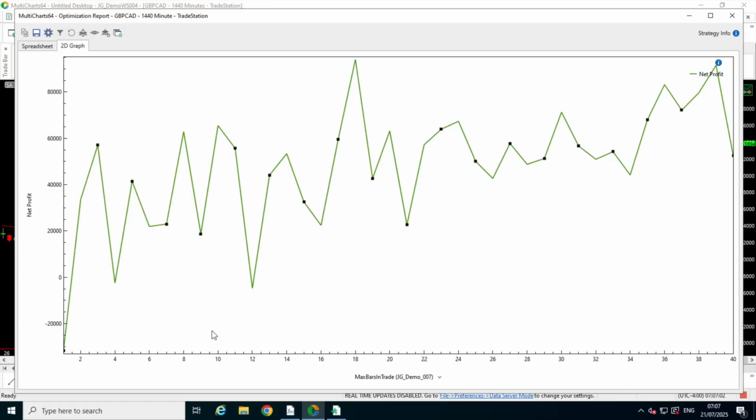For example, look here, look at 10 bars in the trade, we're making over 60,000. And then if we hold for another couple of bars, 12 bars, we're actually almost losing money. There's a difference of 60,000 just through 2 bars. That's slightly concerning, a bit of a red flag to me. So I'm definitely happier to not use the bar exit at all and stay in the trades as long as possible.